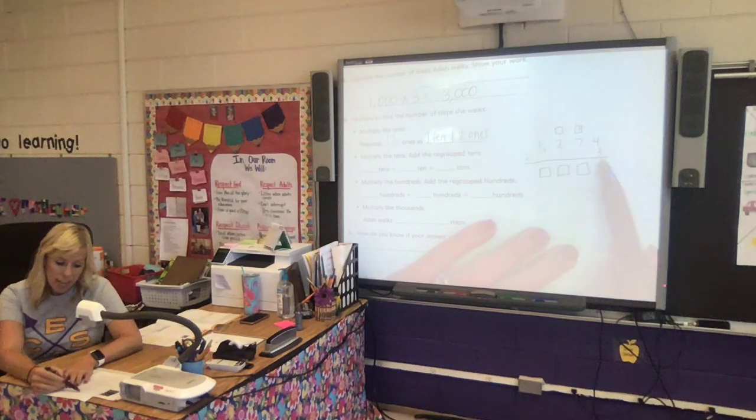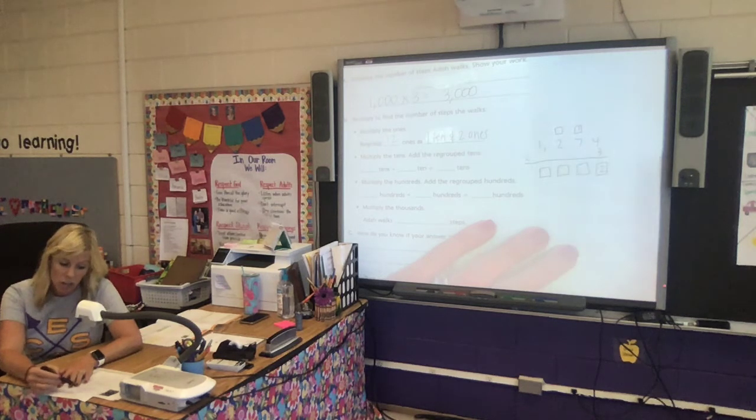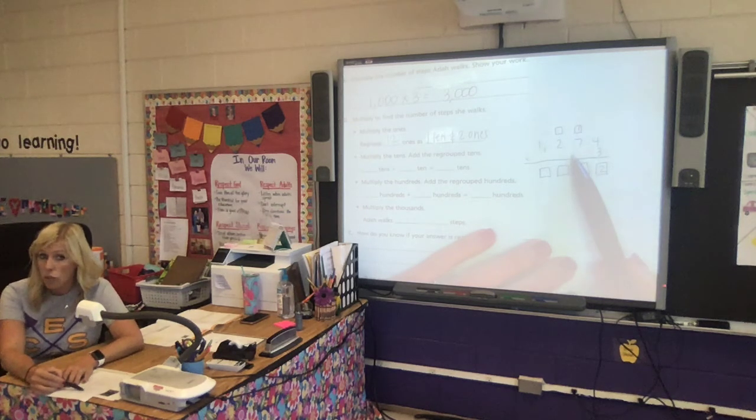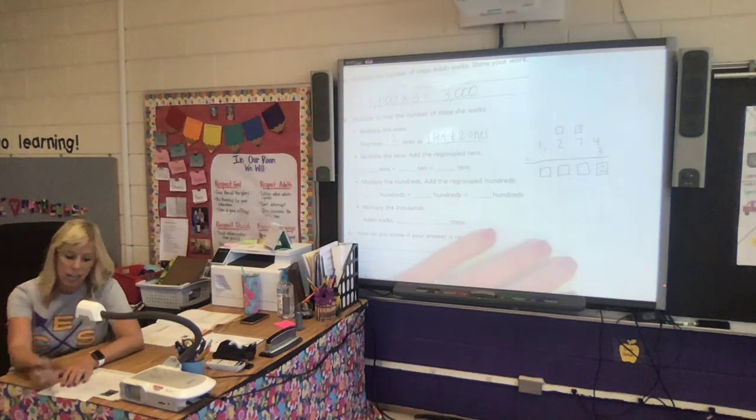Okay. Next, I'm saying 3 times, not 7, 7D. This is 7D, it's in the tens place. So 3 times 7D, I know 3 times 7 is 21. So 3 times 7D would be 210, because I know I'm increasing by 10.